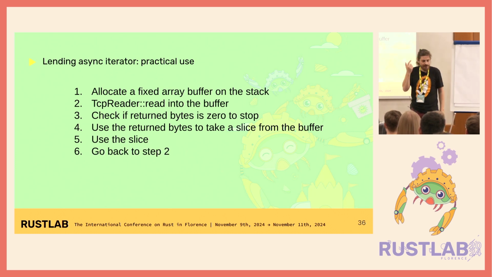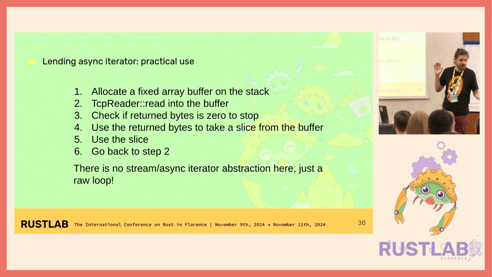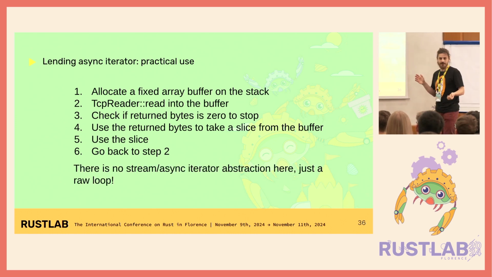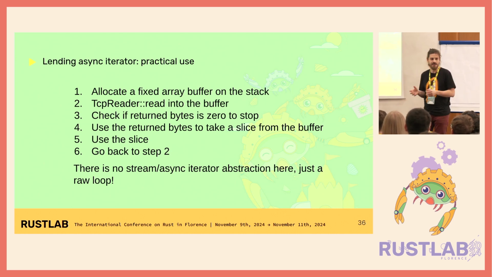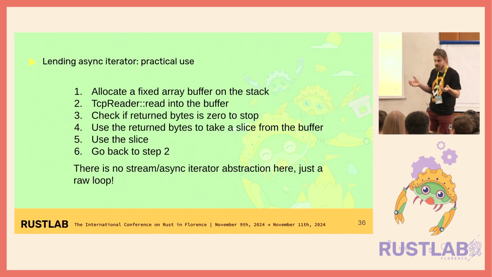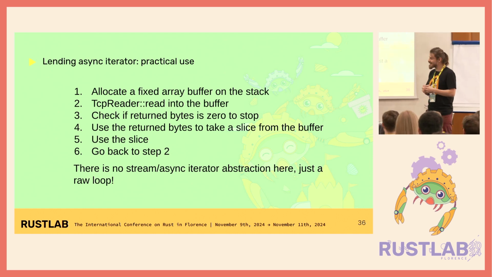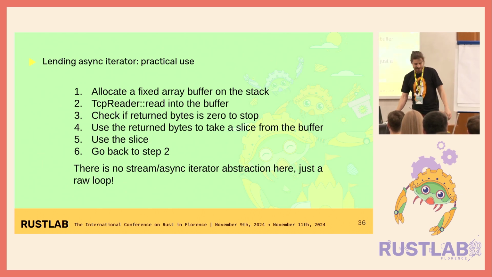Then you go back to step 2. It's fine, it works, but you don't have any abstraction on this. It's just a loop. This doesn't scale very well because you need to do this every time in order to read your bytes from the async thing in Embassy, and it's not the best.